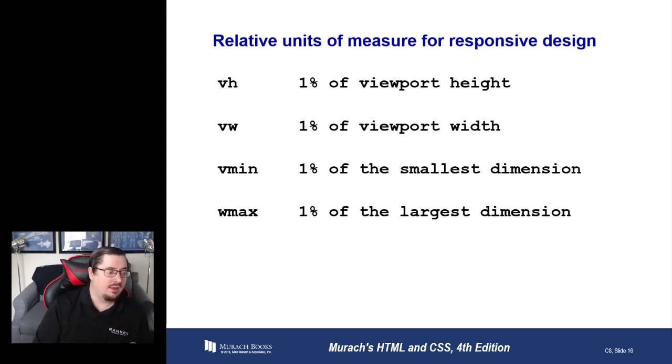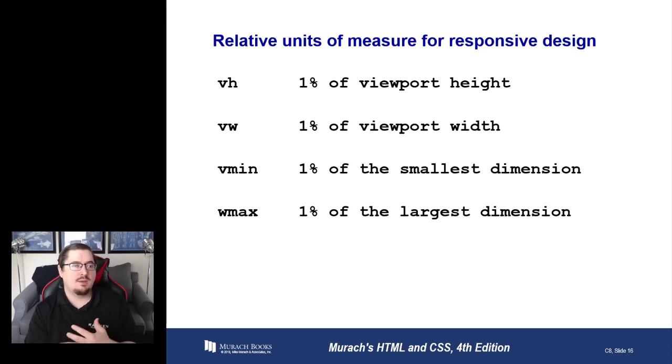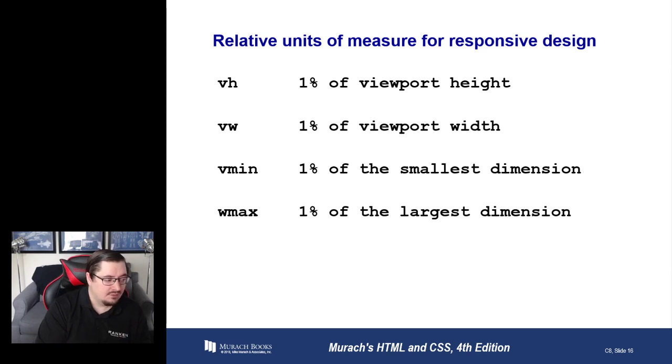So in a portrait orientation, Vmin would be your width, and Vmax would be your height. In a landscape orientation, your Vmin would be your height, and your Vmax would be your width. So it helps you to maybe be more orientation agnostic, per se.